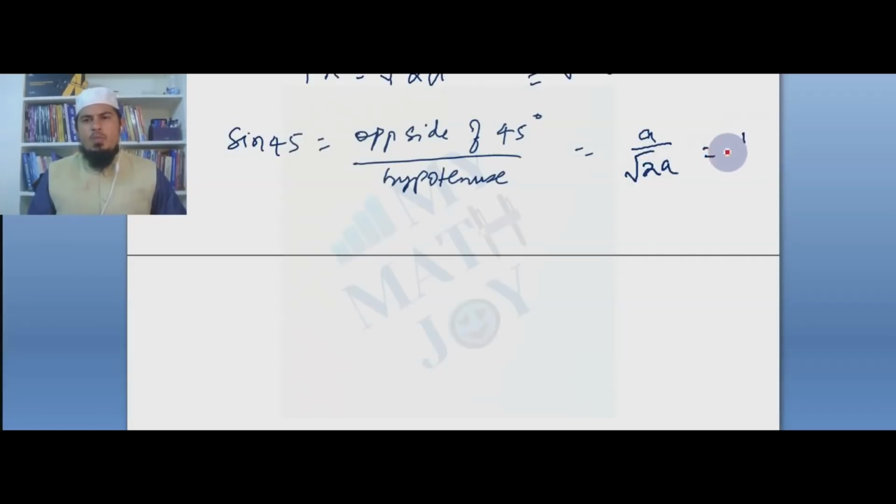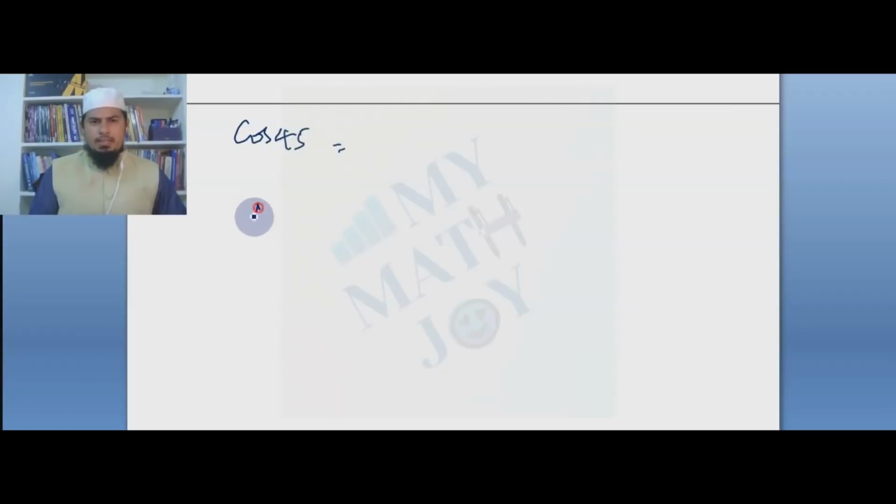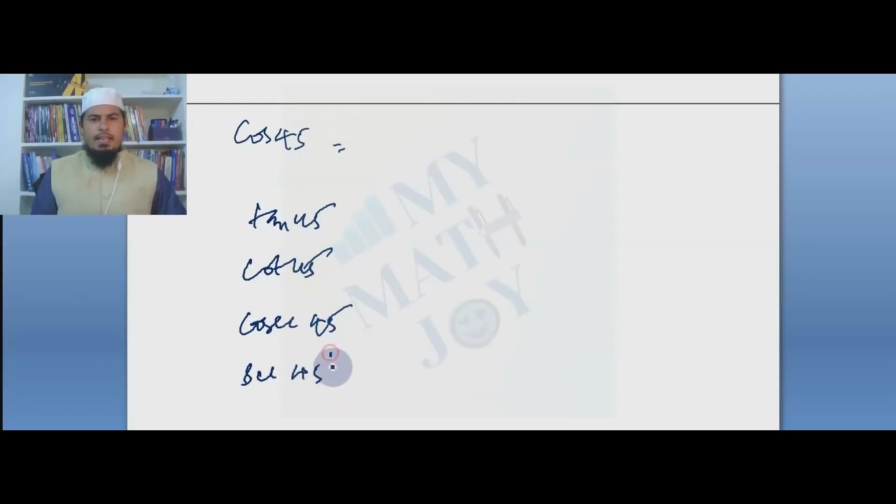If you cancel a, 1 by root 2. In the similar fashion, please try to get the cos 45 value. Then again you'll get 1 by root 2 only. And tan 45, cot 45, cosecant 45 and secant 45, the values are waiting to be found by you.